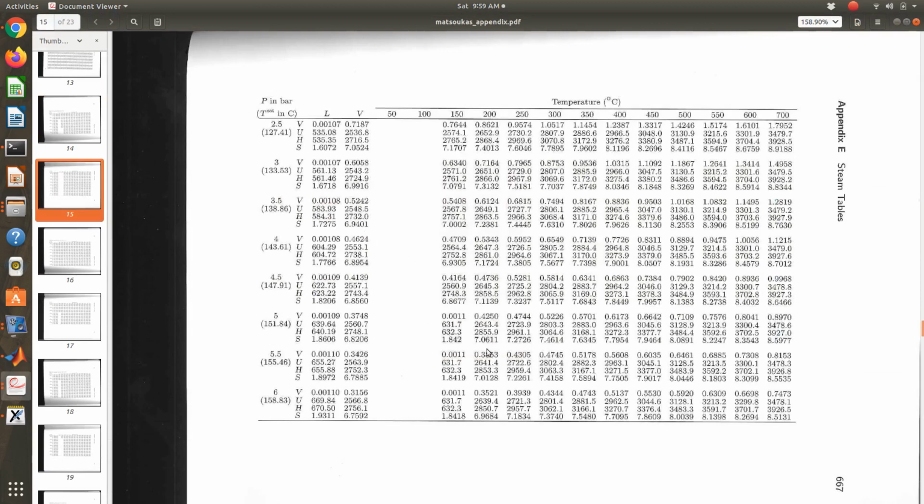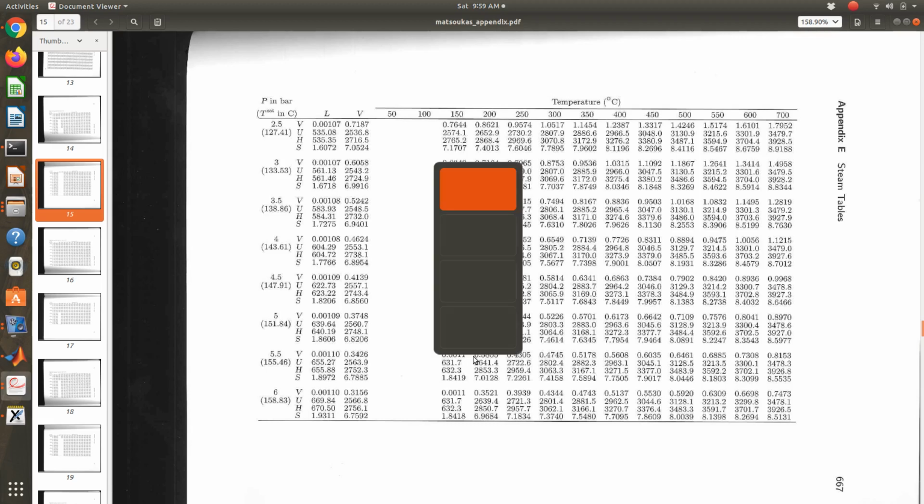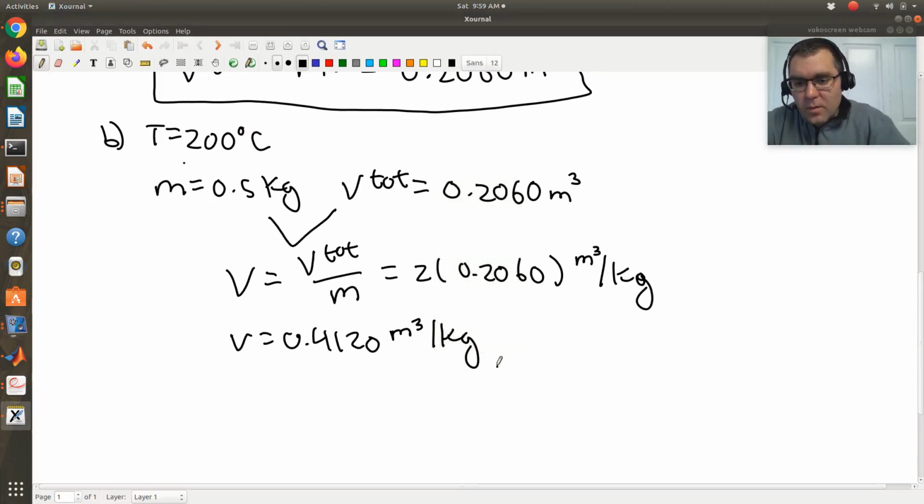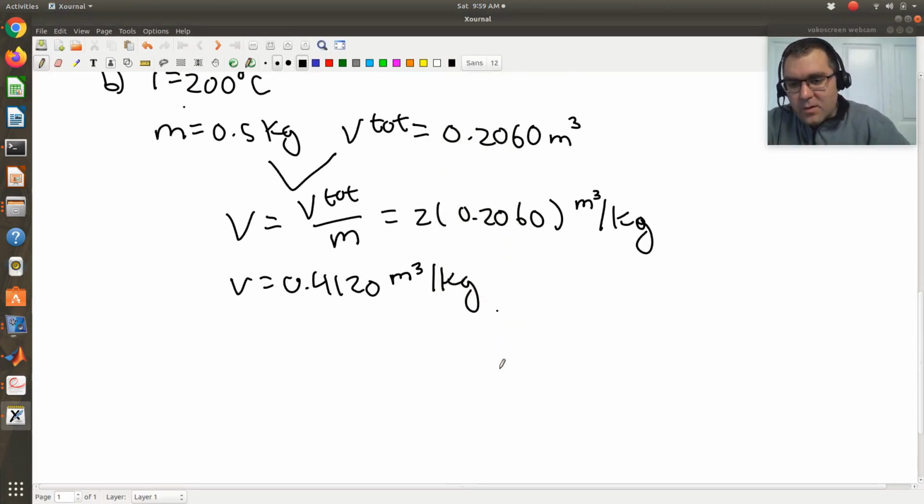It looks like I'm between 5 and 5.5 bars. At 5 bars and 200 degrees C, my specific volume is 0.4250, and at 5.5 bars, it's 0.3853. So let's make a table because we'll interpolate.